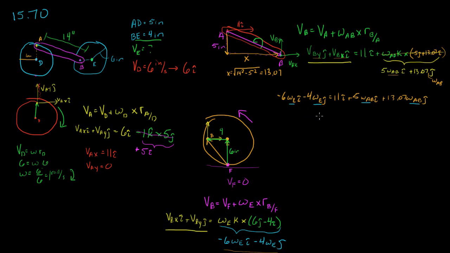And if we look at our i components, we're going to have minus 6 omega E is equal to 11 plus 5 omega AB. And if we look at our j equation, we're going to have minus 4 omega E is equal to 13.07 plus 0.07 omega AB.